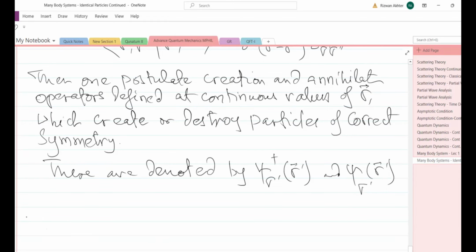Instead of a_i dagger and a_i. So rather than using a_i dagger and a_i, we use psi dagger subscript sigma prime r prime and psi sigma prime of r prime. Yeah.